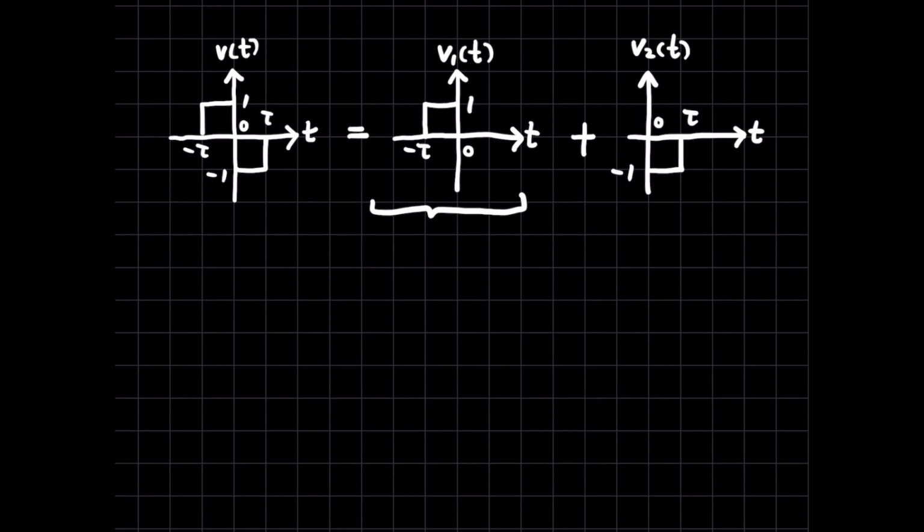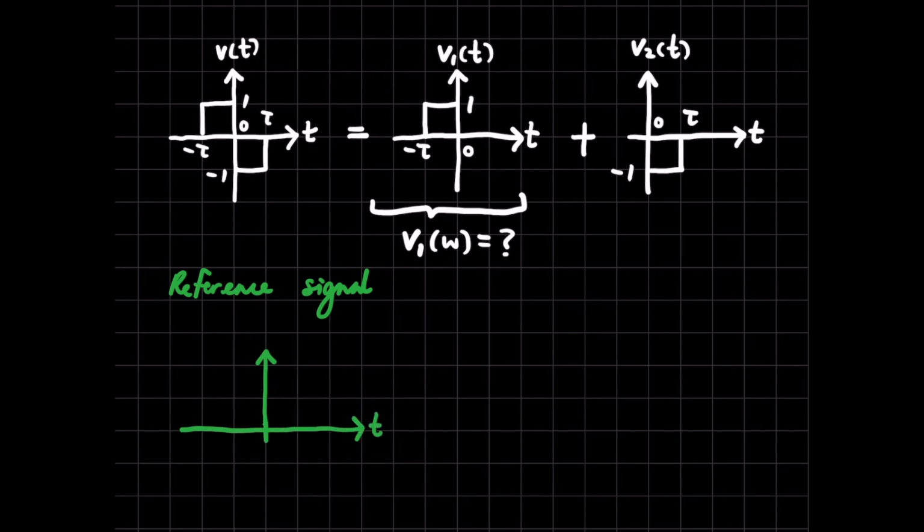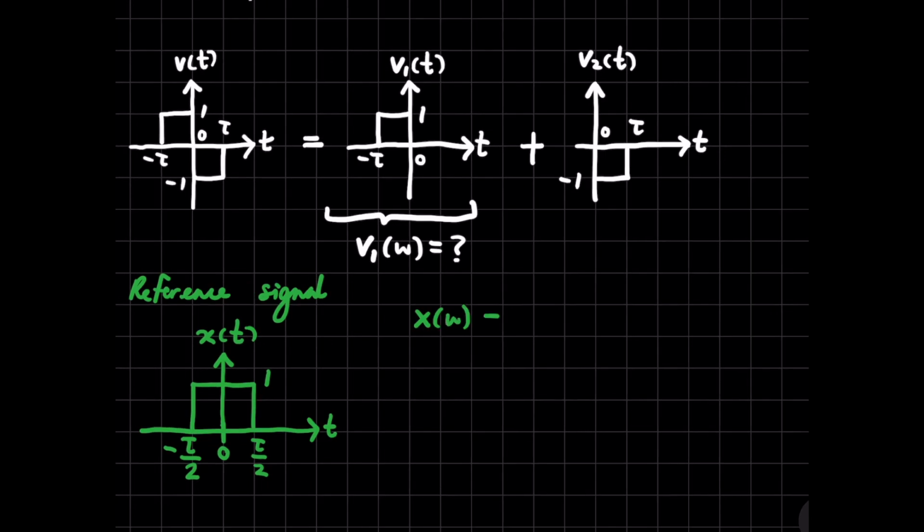Let's start with v1(t). How do we find V1(omega)? Based on the signal given in the question, we have to establish a reference signal like this. We call it x(t). Note that the parameter values of x(t) are chosen such that the signal operations involved would be minimum.